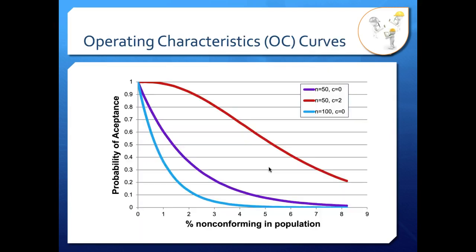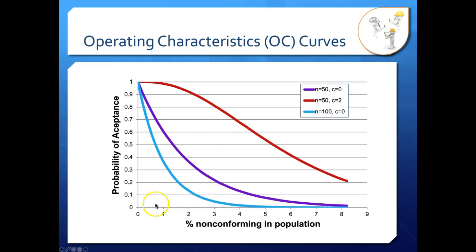Let's go back to our OC curves. Here they are again. So translating what we saw out of those 4 different samples to what this means in terms of probability of acceptance, we see that if we have a greater number of allowed defects in our sample, we have a much higher probability of acceptance at a given percent nonconforming in the population.